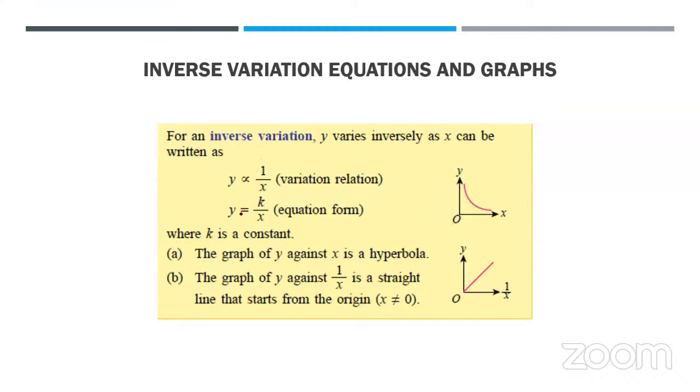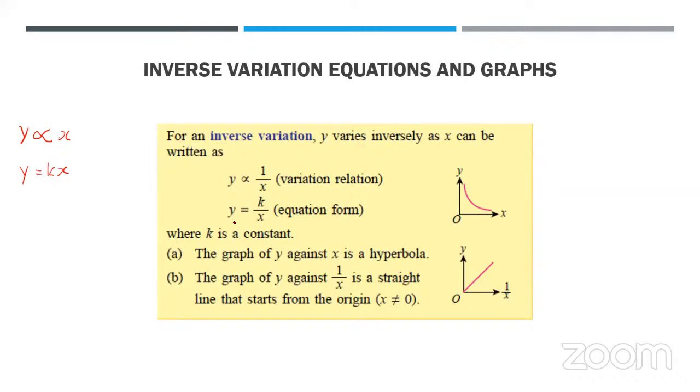Sorry for the background noise. Or as Yongji said just now, y directly proportional to x can be written as y is equal to kx. You can do the same for inverse variation as well.